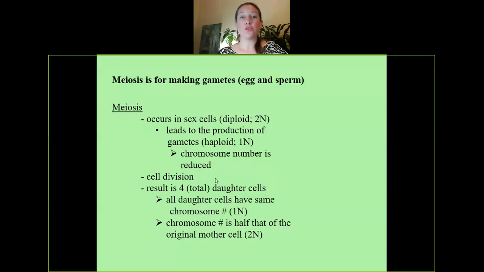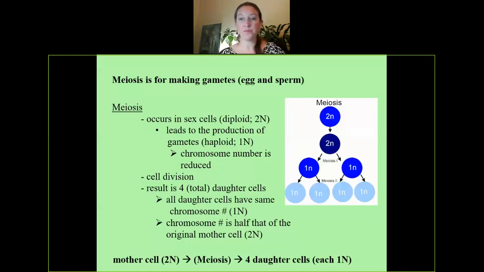So the 4 daughter cells that result are going to have the same chromosome number as each other, 1N, but they're going to have half of the chromosome number of the mother cell, which had 2N. All 4 daughter cells are going to have 1N. Again, you don't need to know the details of how that occurs, except that you need to know that it occurs.